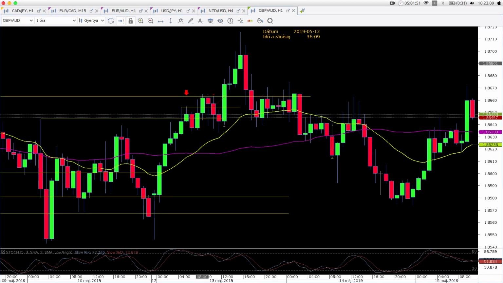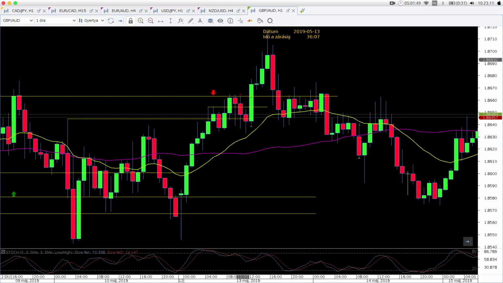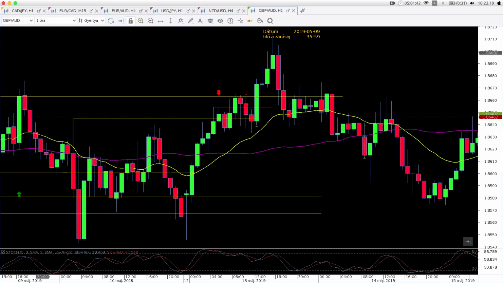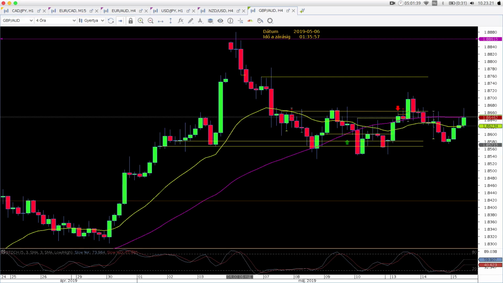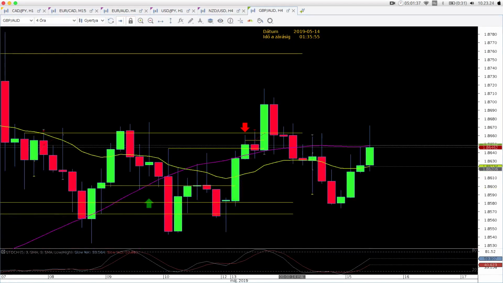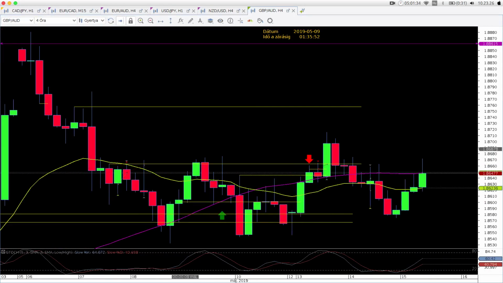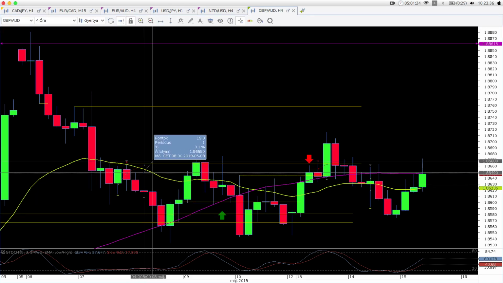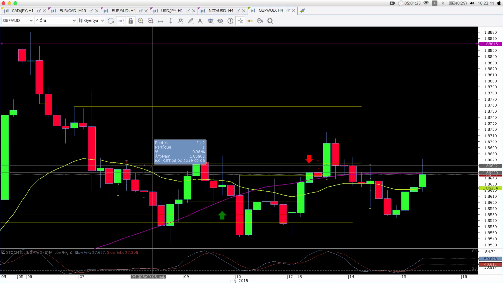GBP against the Aussie dollar. With this trade, I tried to sell this pair in the future. In the past I did sell it, but the price moved in my direction and the trailing stop kicked in and pushed my stop loss to that level.